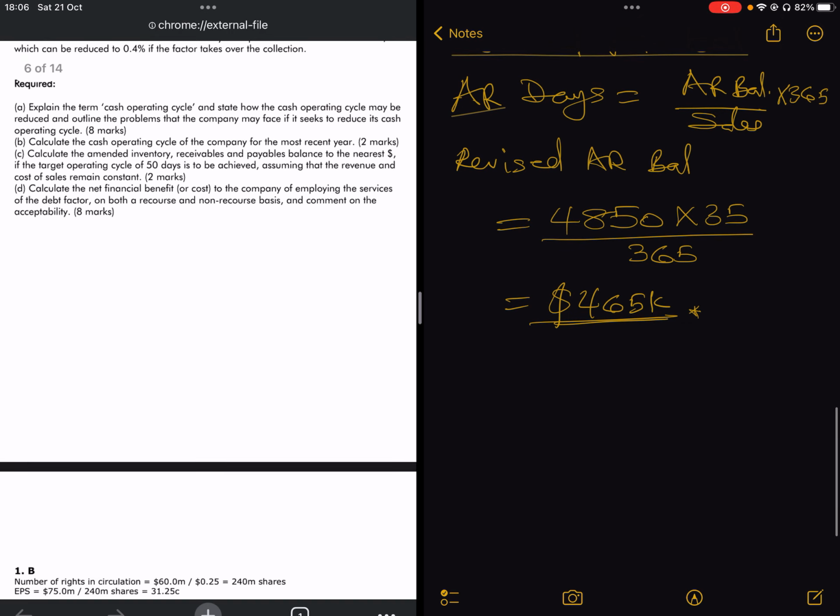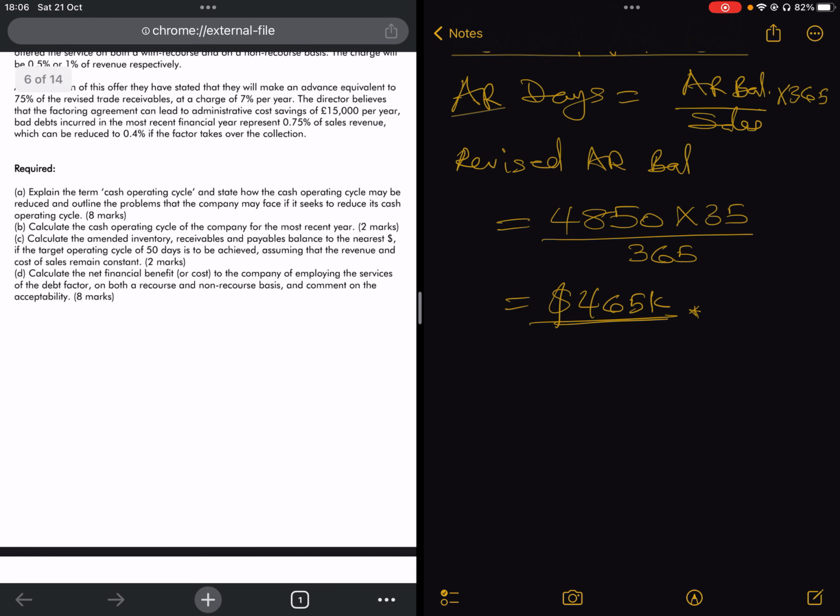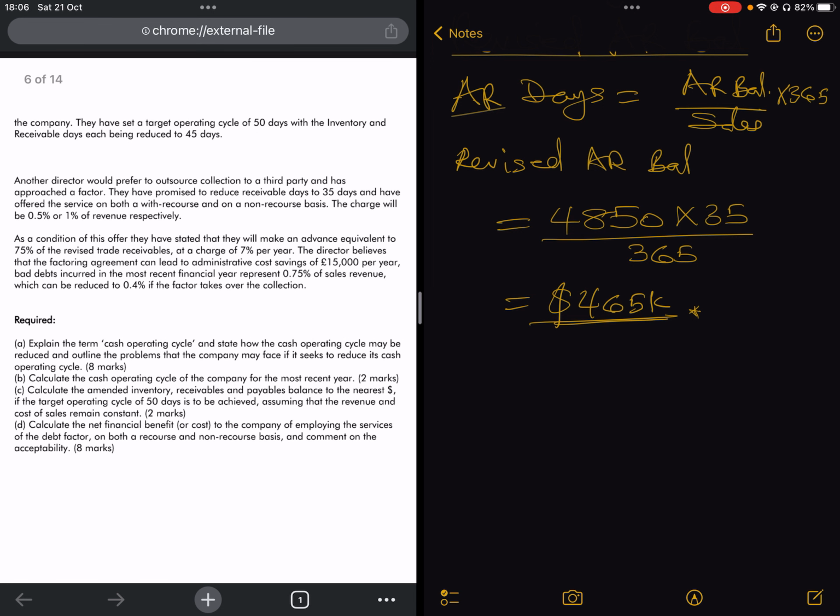But instead of taking the overdraft from the bank at 5%, this factor is saying that you need to come to me to get your 75% of the revised balance at 7%. So it's charging 2% extra. Which means the remaining 25% of your revised account receivable, you can finance it the way you like.